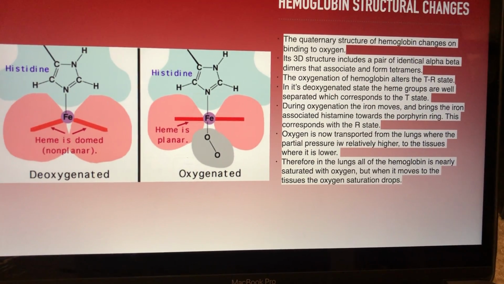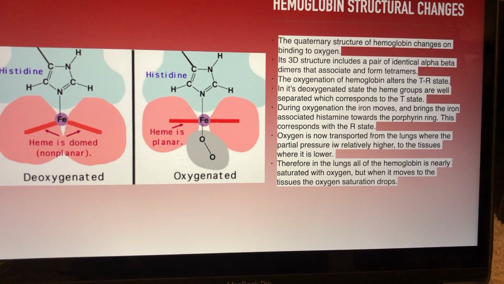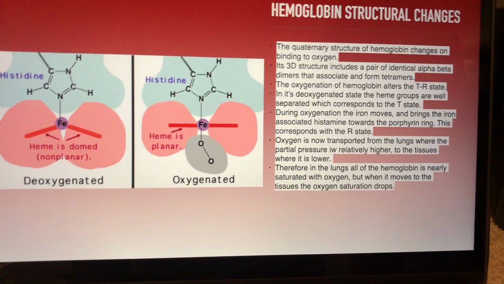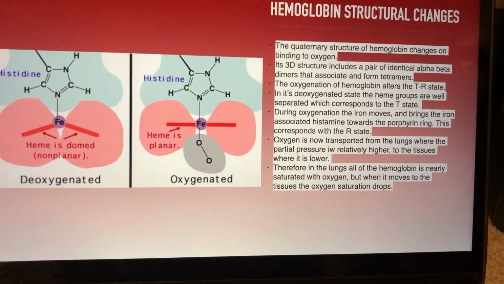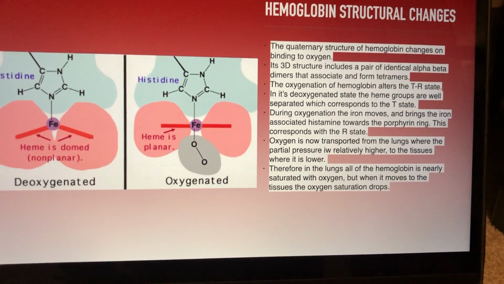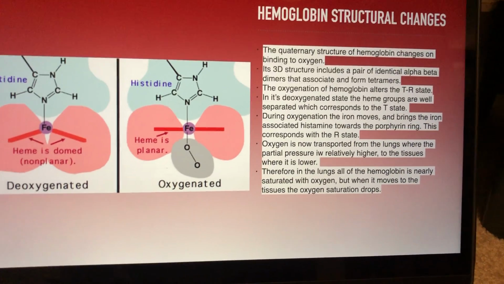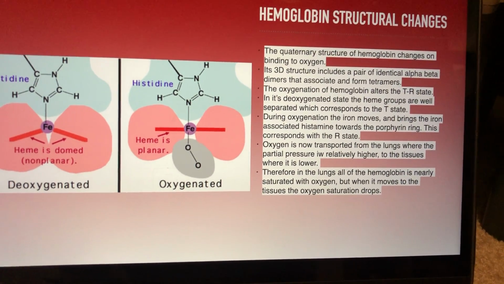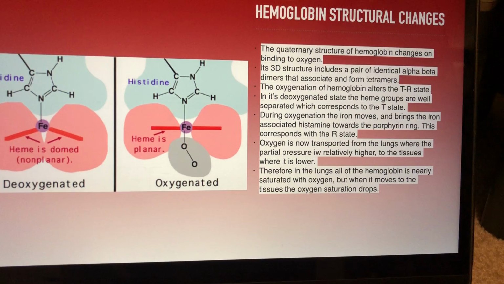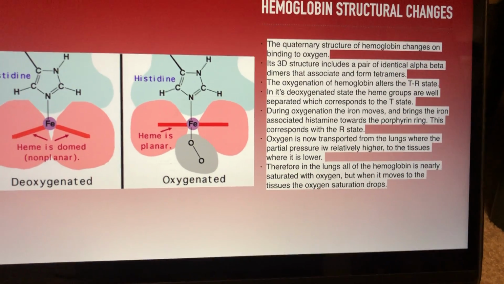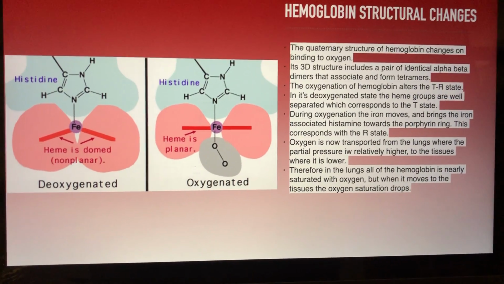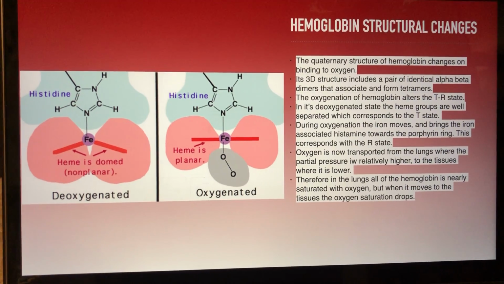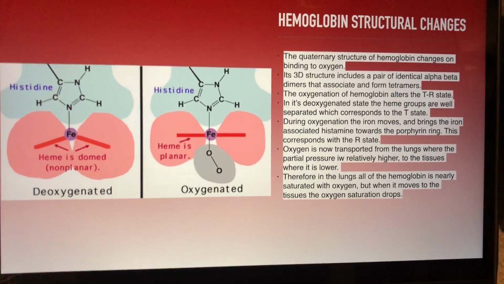Before it gets oxygenated, the heme groups are pretty well separated, which corresponds to the T state. Then during oxygenation, that iron moves and brings the iron-associated histidine down towards the porphyrin ring, and this corresponds with the R state. So the hemoglobin being oxygenated alters that T and R state.